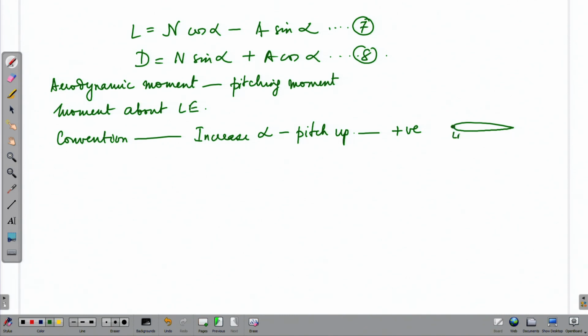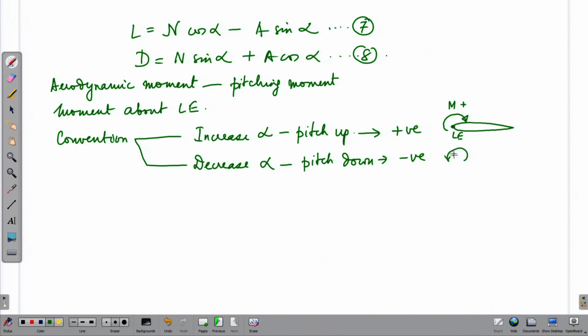This is your leading edge about which the moment is being calculated. So, you show it like this, that is a pitch up moment, and that is a positive moment. Obviously, a moment which decreases alpha or leads to a pitch down would be considered negative, and that would be opposite in nature, counterclockwise.